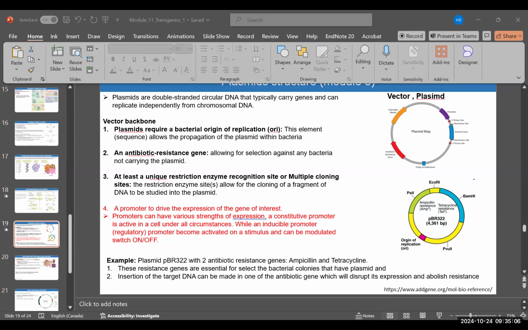Like, is this a tissue-specific animal? Is this an overexpression? Is this a knockdown? Okay, sounds good. So let me move forward with the examples.